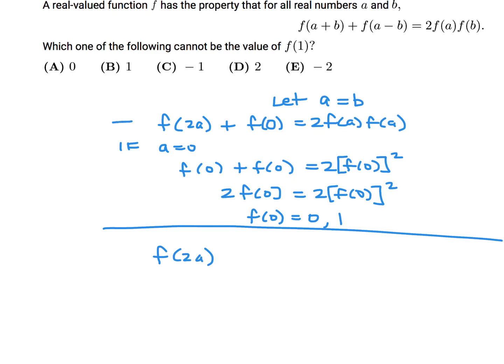So, therefore, if we look at f at 2a, and that's from this guy right here, that's going to be 2f at a all squared minus f at 0. Correct? And they're eventually wanting us to calculate f at 1. Okay, so I think it'll be helpful if we can eliminate some of these with some boundaries.